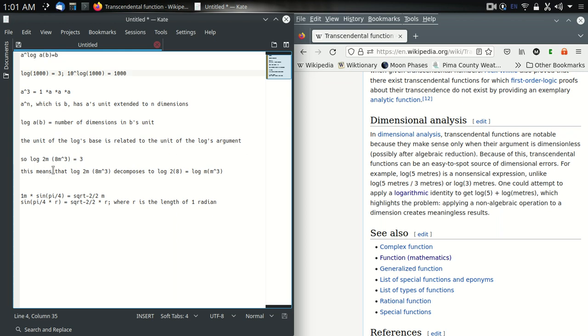but it's not simple, right? So log base 2 meters of 8 meters cubed is validly 3. This is true. Log base 2 meters, so now there's a unit in there, of 8 cubic meters, so now there's a unit in the log's argument, is 3.